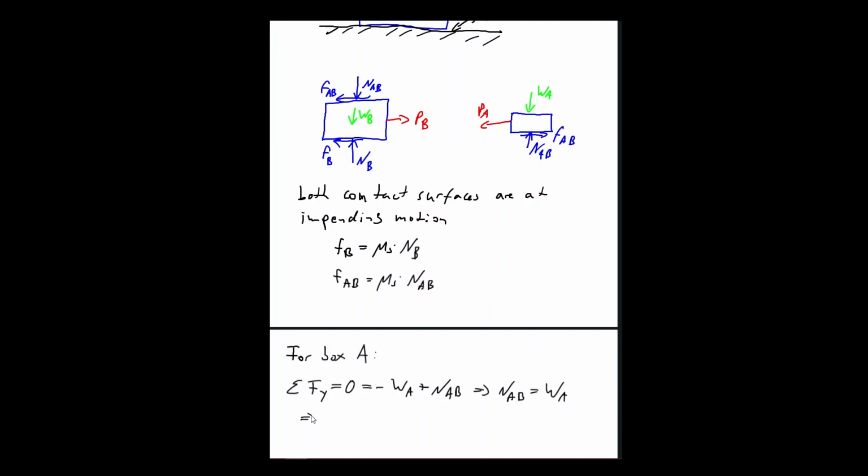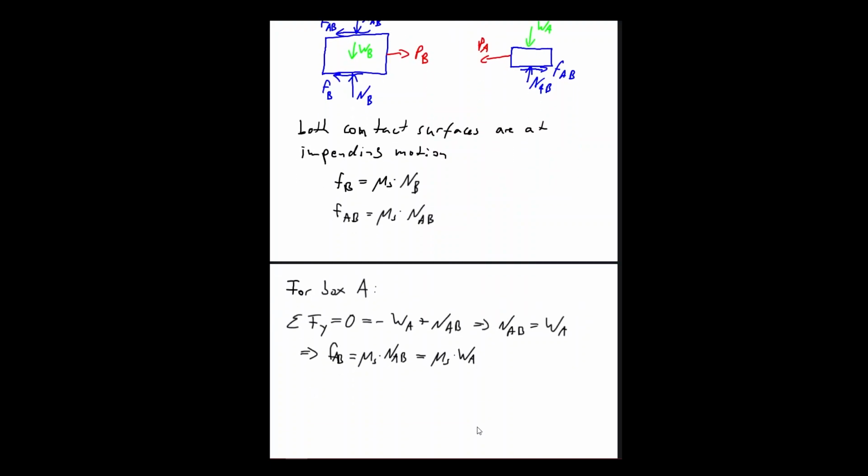That means at impending motion, I know that FAB is mu s times NAB, is equal to mu s times WA. All right.